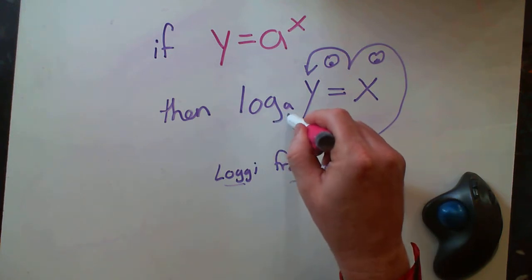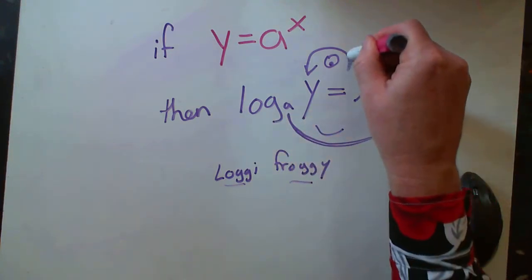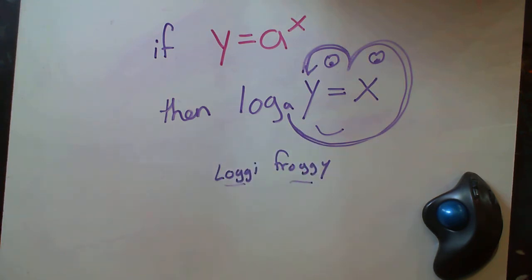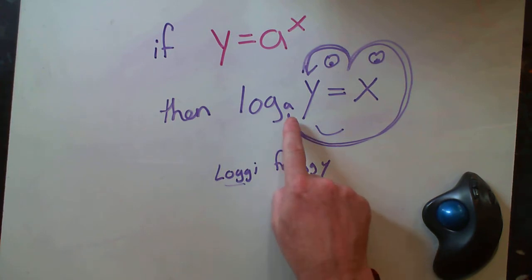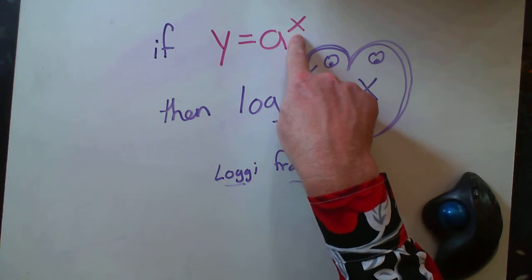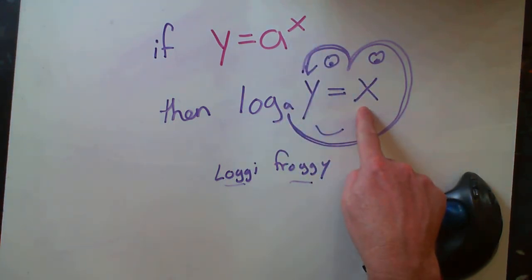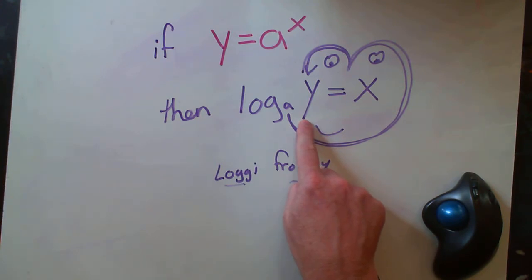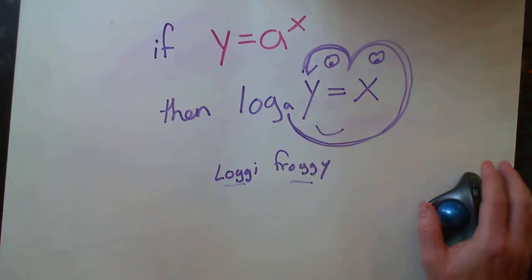So this is called the logarithm, and in order to work with a logarithm, you must have a base. Notice that the exponent from the original exponential function ends up being the standalone term on the opposite side of the equality sign, and the y has moved into the functional value of the logarithm.